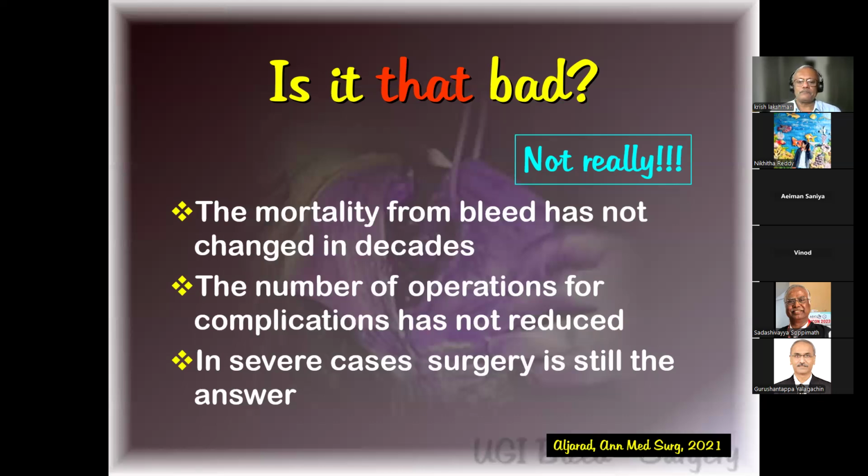The three commonest complications associated with peptic ulcer, which have not come down by any means, are bleeding, second perforation, third obstruction, and it will be asked for the postgraduates. Any combination of these will again be asked in the examination. They are called concurrent complications, which is also high. Any two combinations out of three, sometimes it will be all three. So this has not come down.